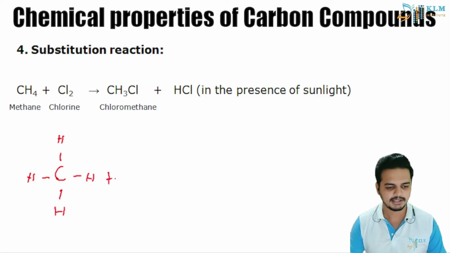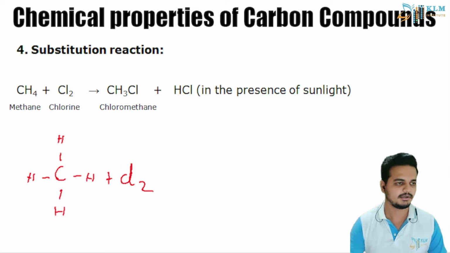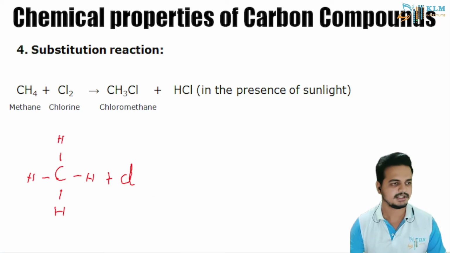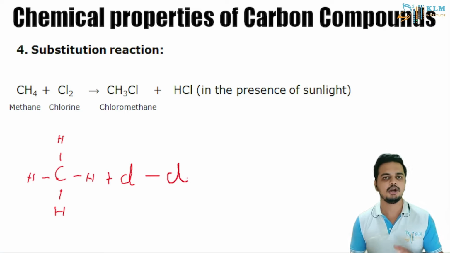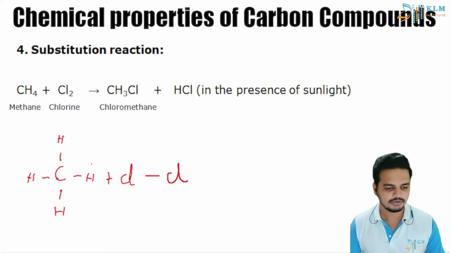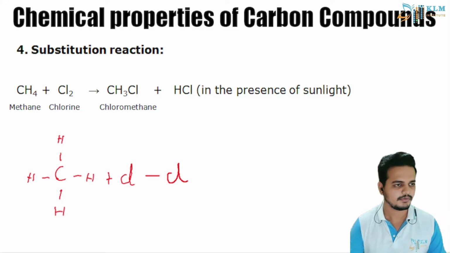If you react it with chlorine, what happens? Now chlorine gets separated. Let's not draw the chlorine atom like this. Cl2 will be in the form of Cl bonded by Cl.